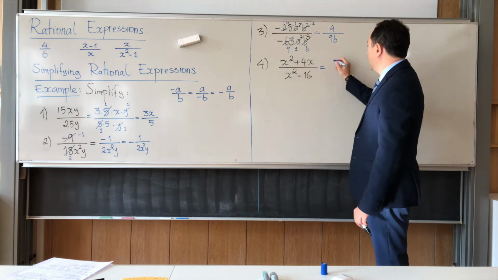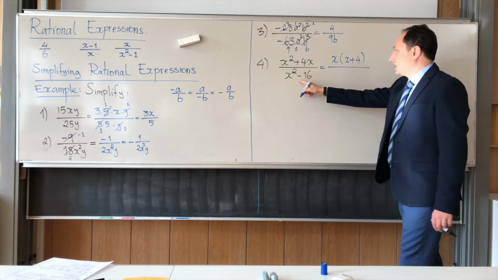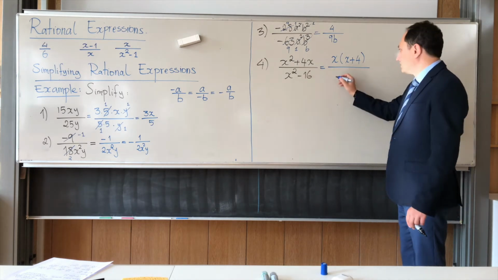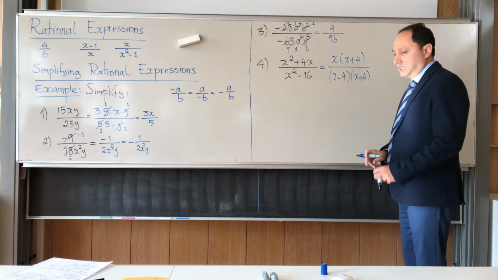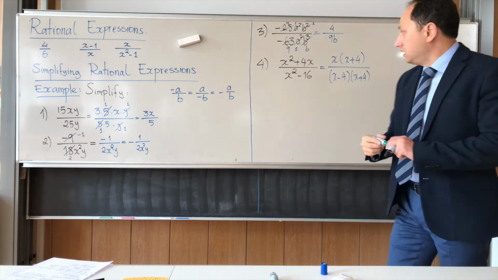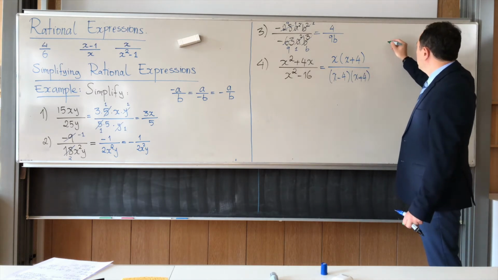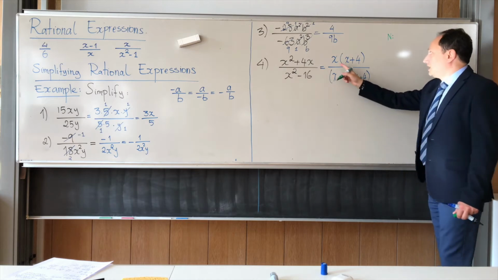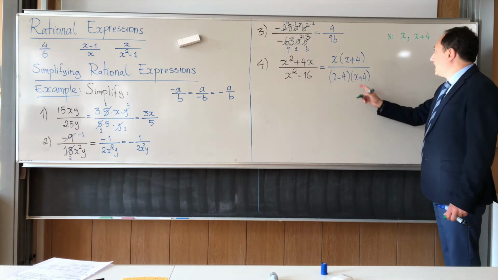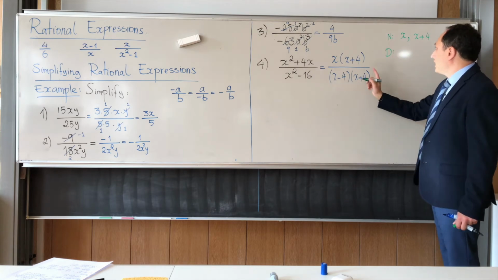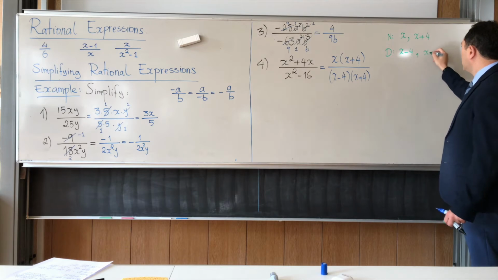Here I can pull x out, and then I am left with x plus 4, and then I can factorize the denominator using the conjugate pattern, so it becomes x minus 4 and x plus 4. Now, if I ask you what are the factors of the numerator, you would answer that in the numerator, n, I have one factor x and another factor x plus 4, and for the denominator, I have 2 factors: x minus 4 as a whole, and x plus 4.